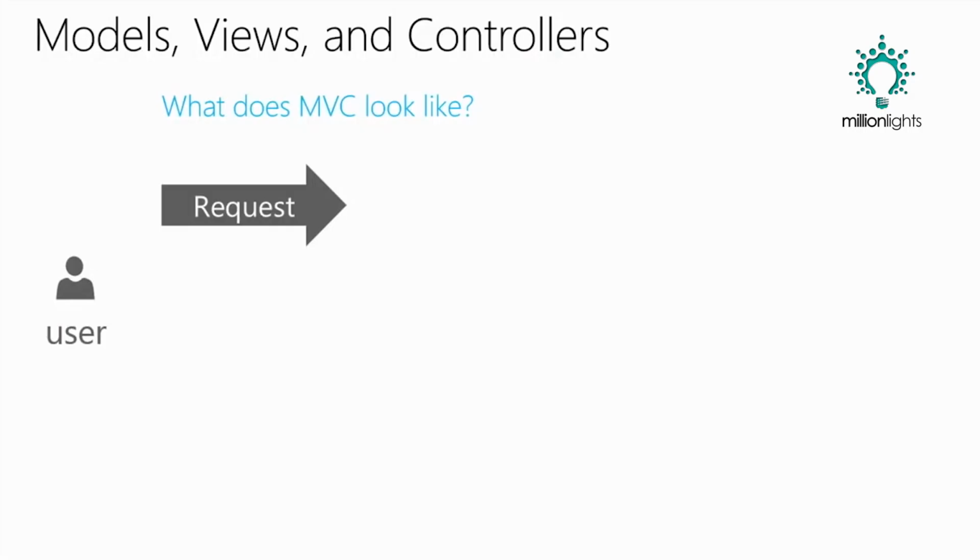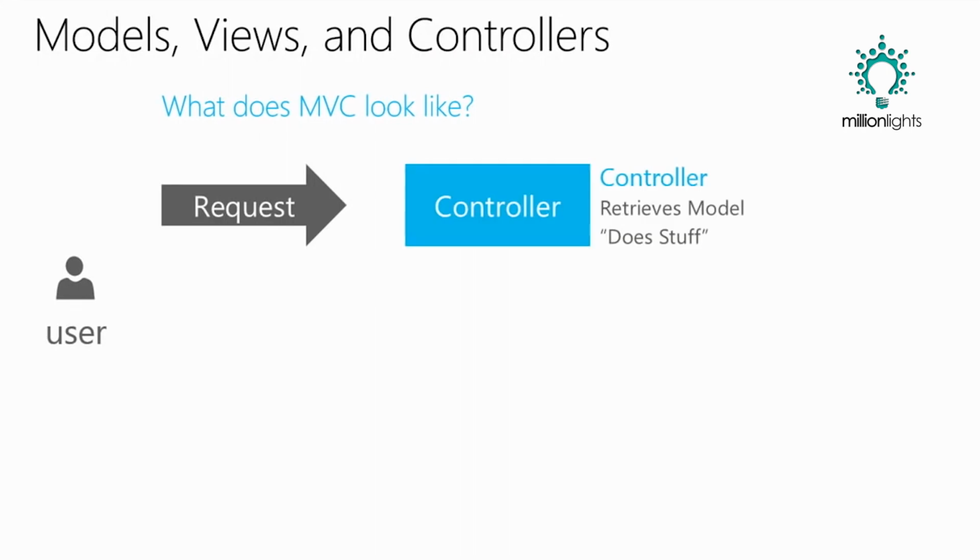So it looks a little bit like this. The request comes in. It's going to hit the controller. And the controller is going to go retrieve the model, and it's going to, and I love this phrase, and I have to give a tip of the hat to John Galloway here, this is his phrase, it does stuff. Well, the reason that we kept it very generic there, does stuff, is because that stuff could be literally anything.